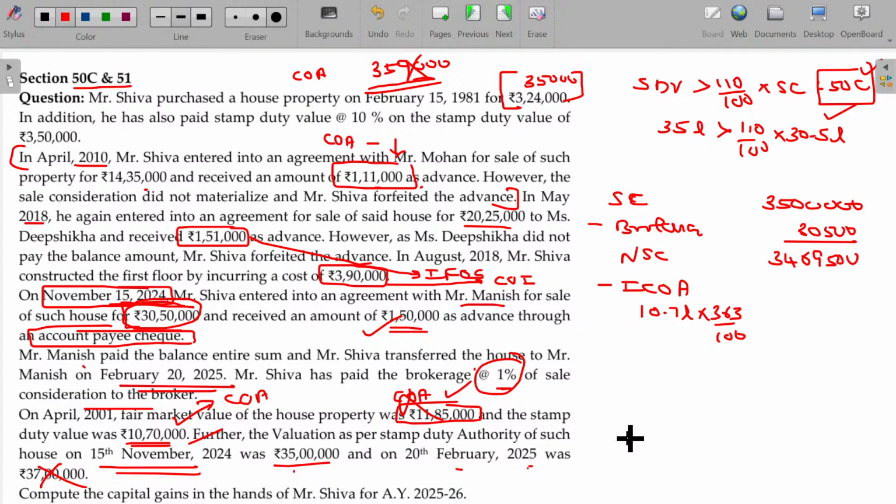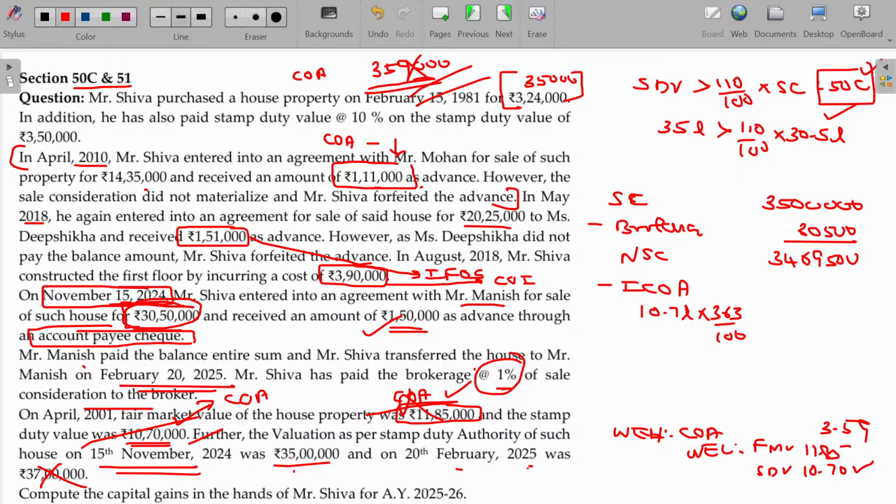Okay. So whichever is higher of cost of acquisition, whichever is lower of fair market value and stamp duty value. Cost of acquisition being 3.59 lakhs and fair market value being 11 lakhs 85,000 and stamp duty value being 10.70.